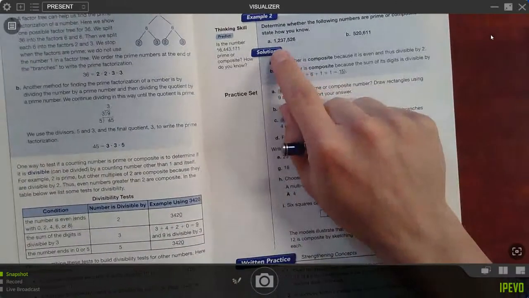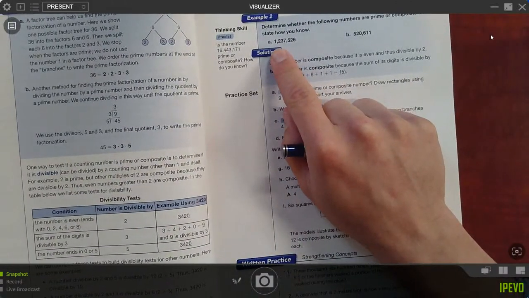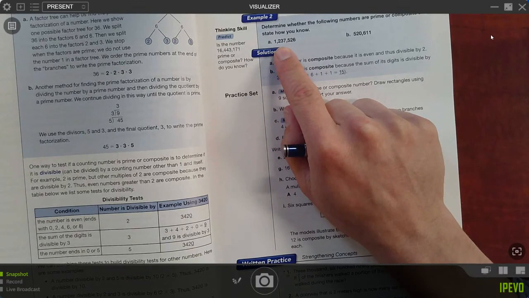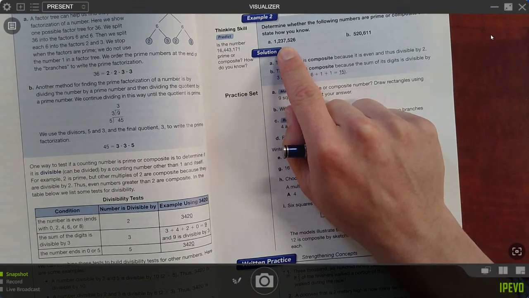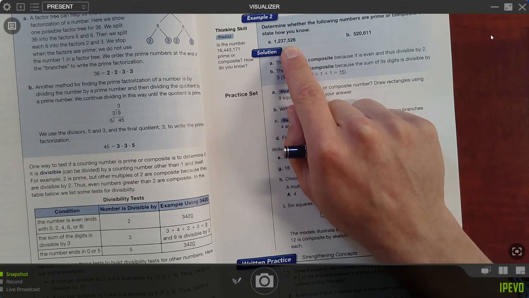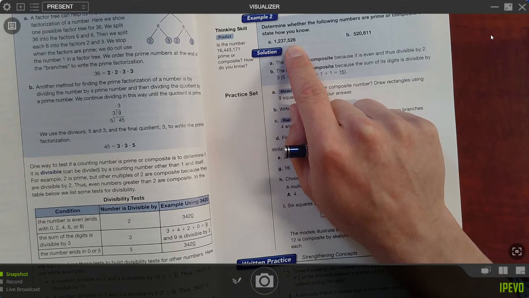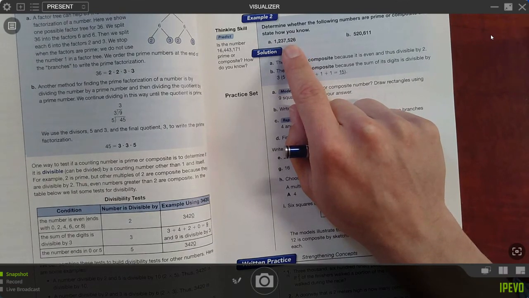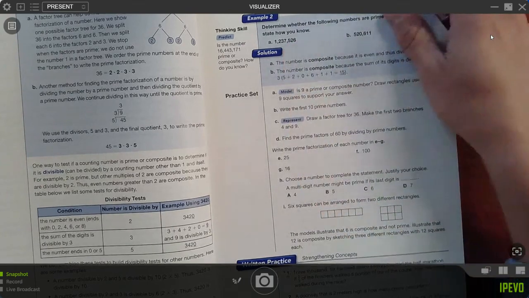So here we would see if this is divisible by 3. We would do 1 plus 2 is 3, 3 plus 3 is 6, 6 plus 7 is 13, plus 5 is 18, plus 2 is 20, plus 6 is 26. Is 26 divisible by 3? No, it is not. So this cannot be divided by 3. But it can be divided by 2, okay?